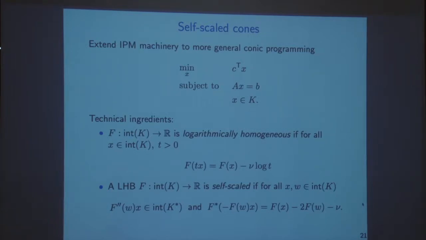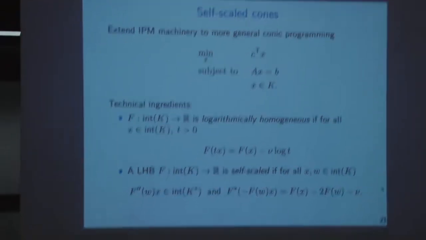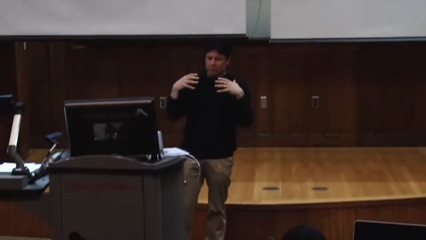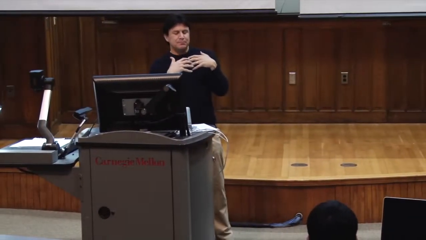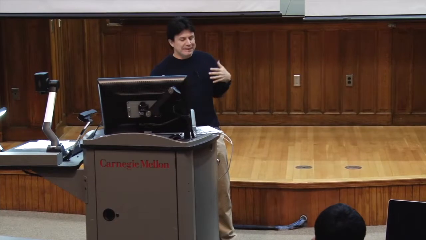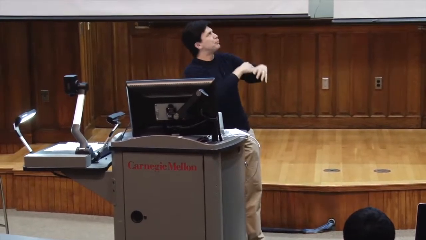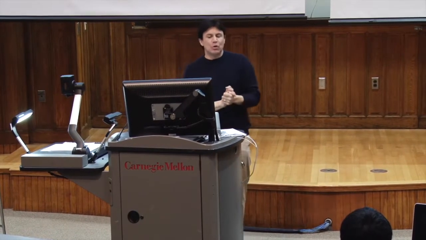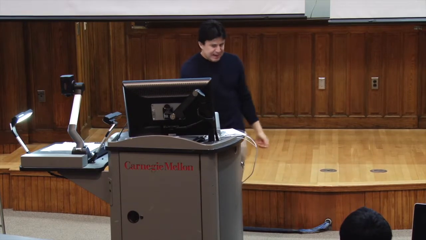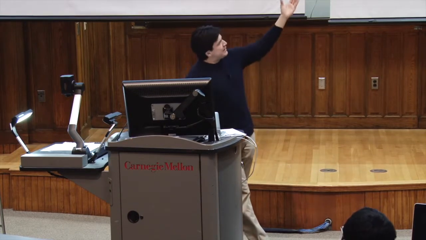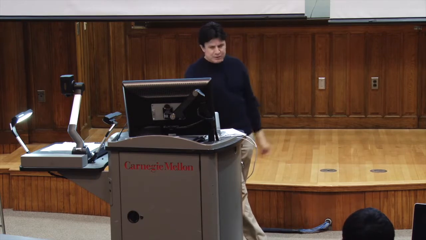In the case of semi-definite programming, the cone is the cone of positive semi-definite matrices. So again, these two guys, Nesterov and Todd, thought about, okay, all that we have built for linear programming and semi-definite programming, can that be taken further to a wider class of cones, of conic programming problems? And the answer is yes, provided that you come up with a suitable barrier function for that cone.